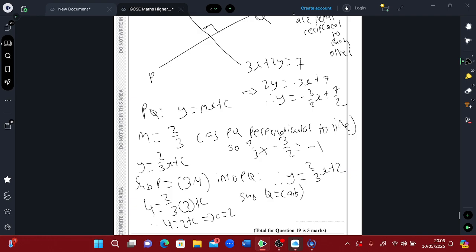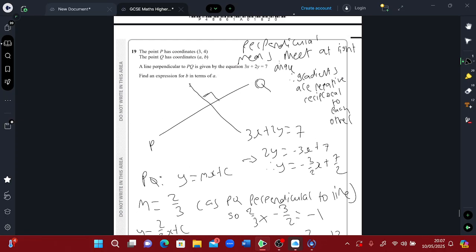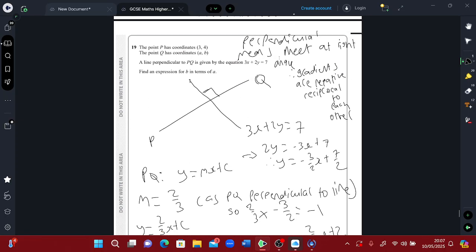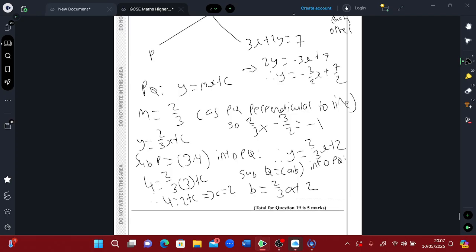Substitute that coordinate into PQ, and therefore y is now B. So B is going to be 2/3 A for x plus 2. Find an expression for B in terms of A. So B has to be on the left hand side equals some lots of A. And that should be your answer there. Lovely jubbly.